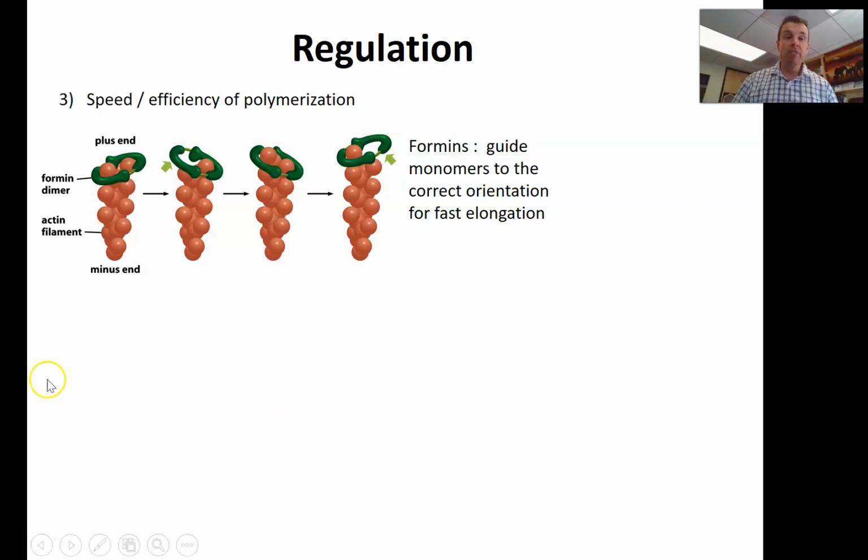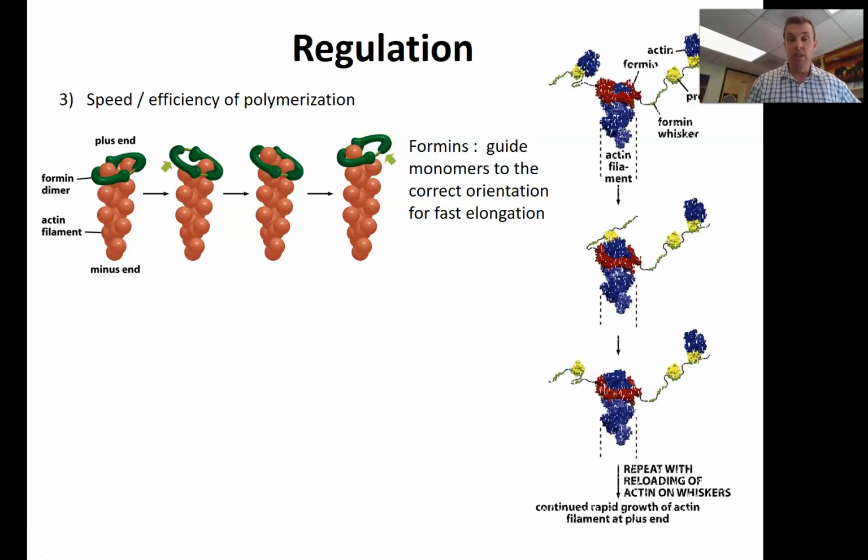If you're growing it very fast, you can almost guarantee that the end is always going to be in the T-cap because you're growing it faster than hydrolysis catches up. So one cool protein that helps bring actin monomers to the plus ends of actin filaments is formin. This speeds up the elongation.